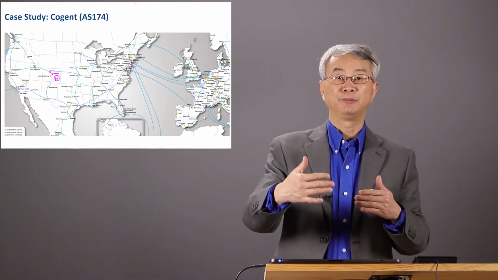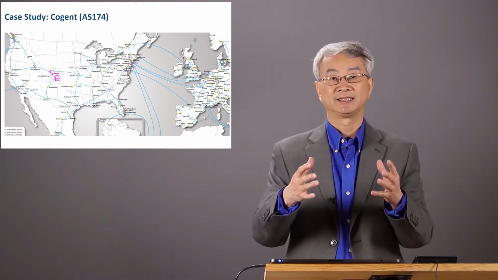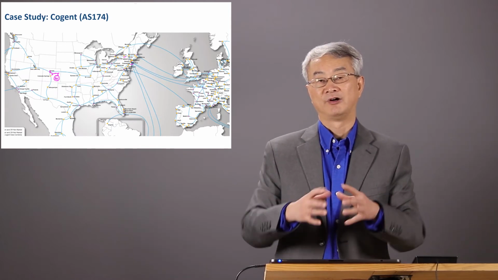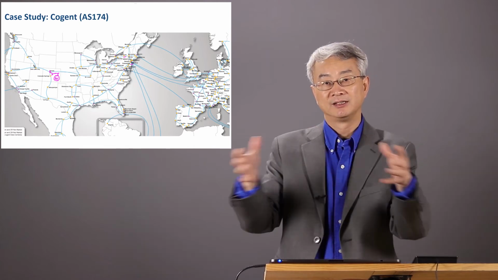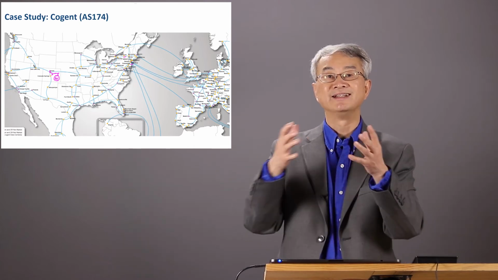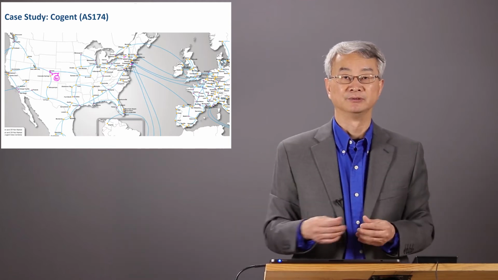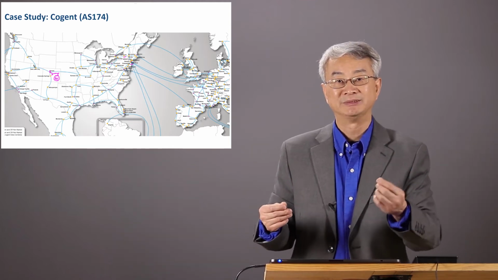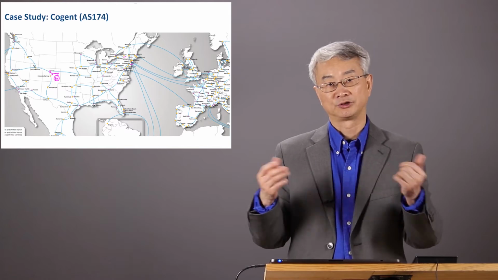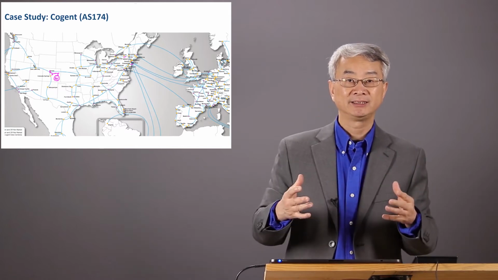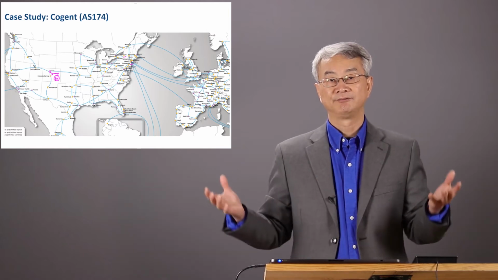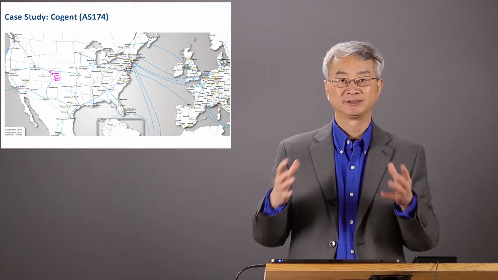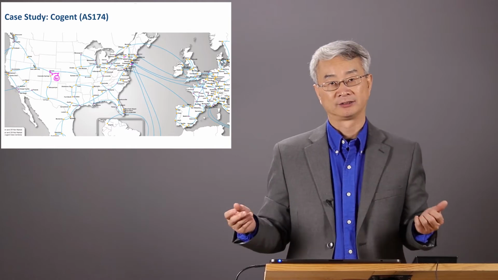And so in these few examples, you can see autonomous systems of different sizes, from a small company or university to a state backbone and to a national or international backbone. Each of them is represented as one autonomous system. So by looking at the autonomous system, you won't be able to see their size, and they vary a lot.